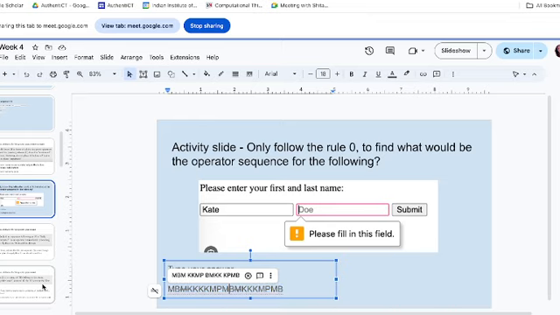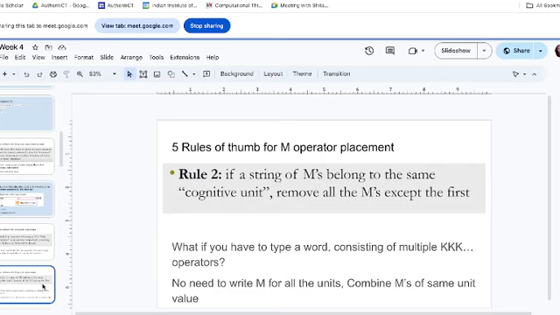But otherwise, if the cognitive activity were to be the same or similar, you don't need to put an M before each of it. To give you an example, sometimes when we are doing something, we have to click on next multiple times, right? This next we are doing might be using an arrow key, might be using a touchpad.